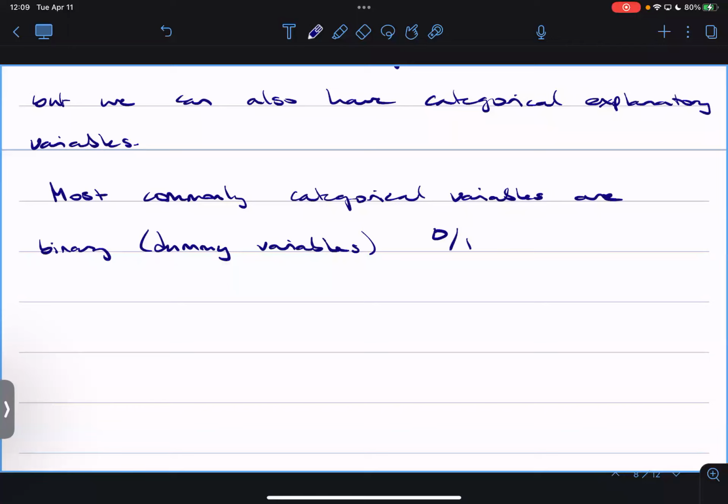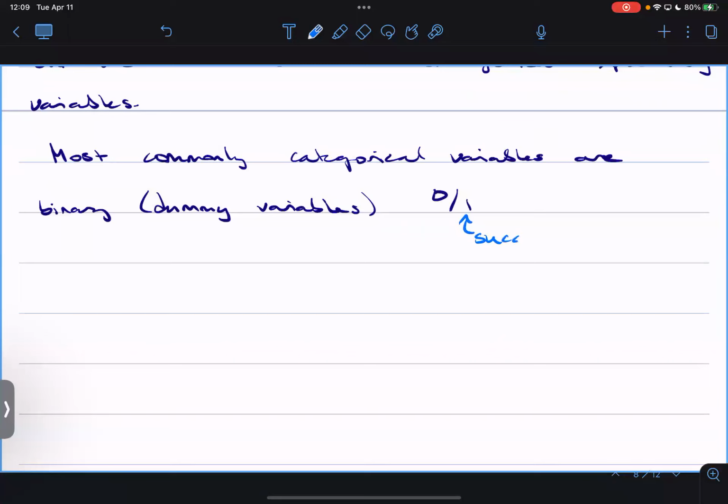We've seen that before, right? With proportions, right? You have a success or a failure. 1 is a success. 0 means a failure, right? So all categorical variables can be turned into a series of dummy variables or binary variables, right? Because you either have a red shirt on or you didn't, right? That kind of thing.